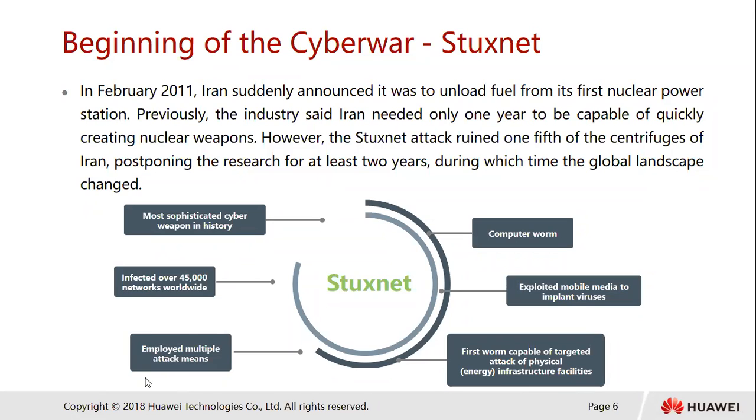And of course, it employed multiple attack means. Imagine the engineers are there, they are seeing on the screens, everything is okay to them. Meanwhile, there's something wrong going on. Then this Stuxnet went loose, where it infected over 45,000 networks worldwide. So far, this is the most sophisticated cyber weapon in history. So you can see the extent to which we are going, okay?